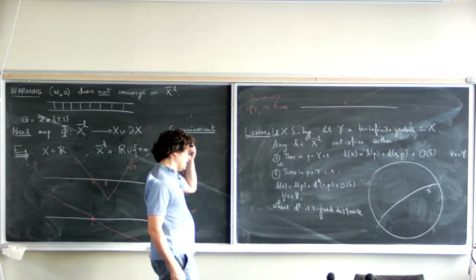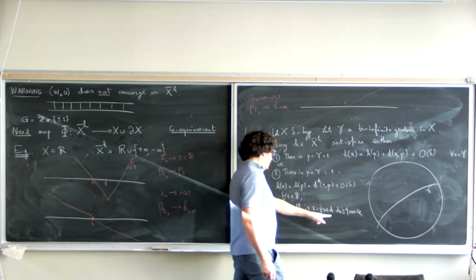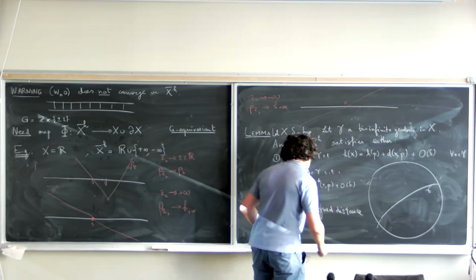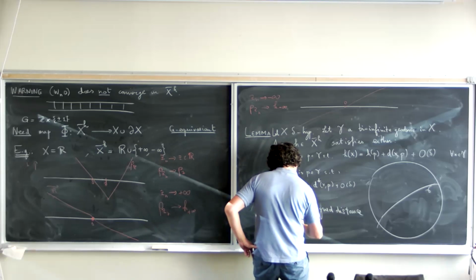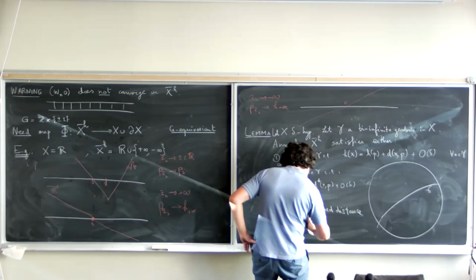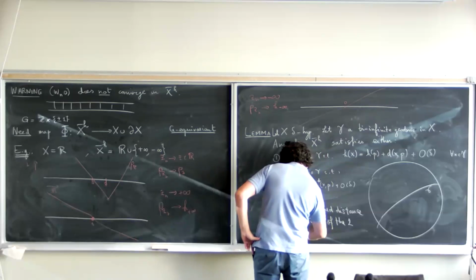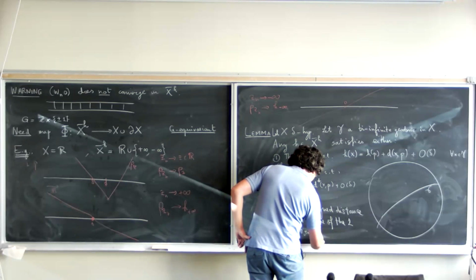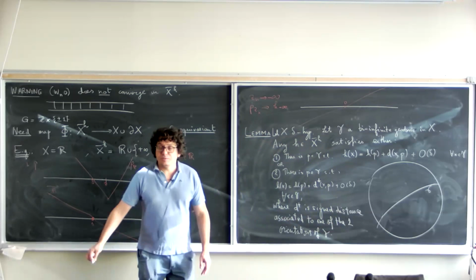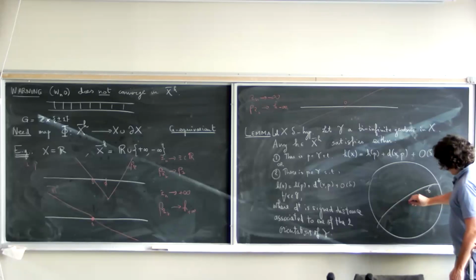So in fact, there are two choices associated to one of the two orientations of gamma. So what does it mean? It means the following: for each h, there is a point, let's say p.